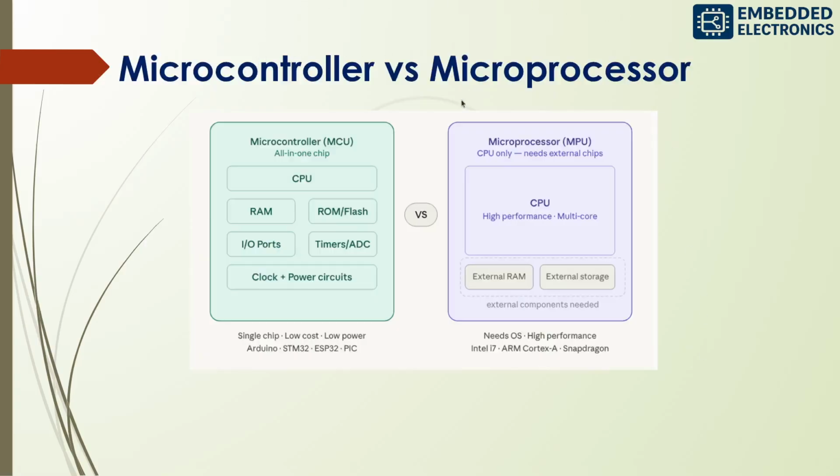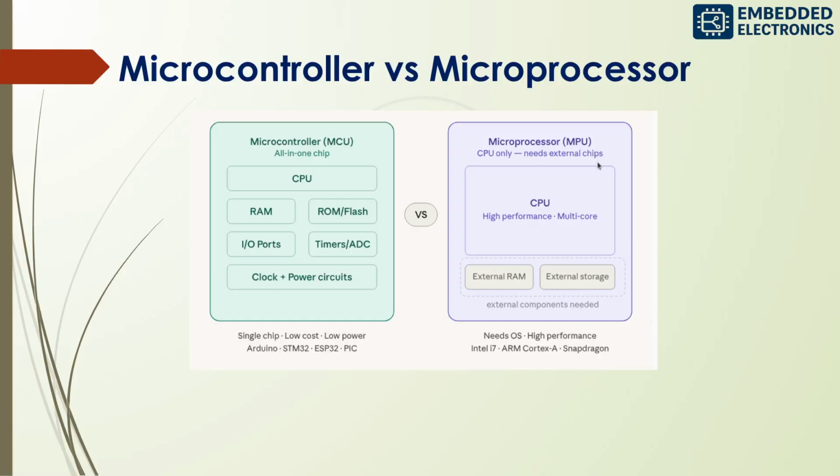The difference between microcontroller versus microprocessor. Before explaining this, I will give a simple example. A microcontroller is like a packed lunchbox. Everything like CPU, memory, controls is already inside one tiny chip. You just give it power and it works perfectly for simple jobs like reading a temperature sensor or blinking an LED.